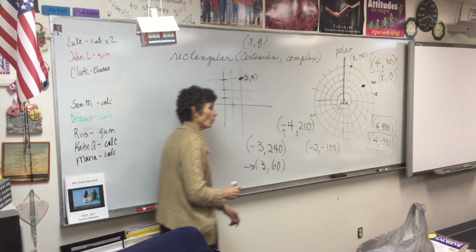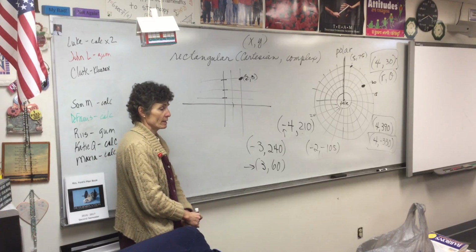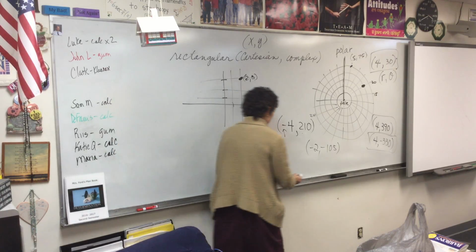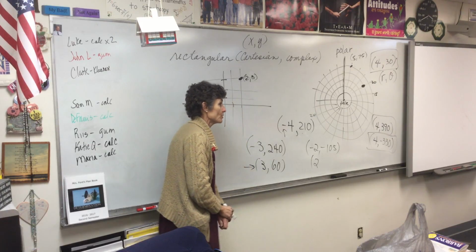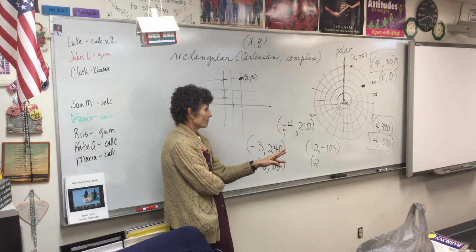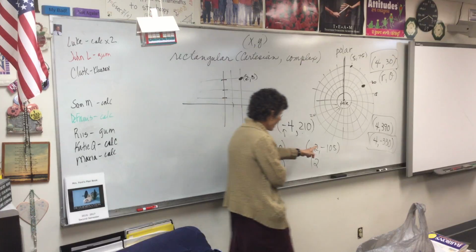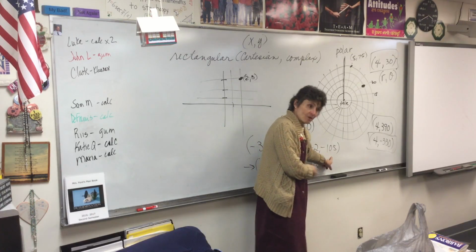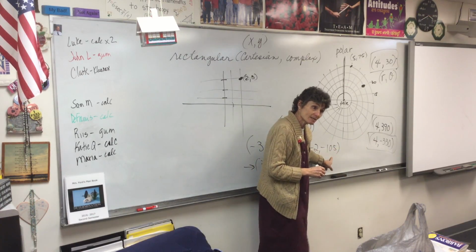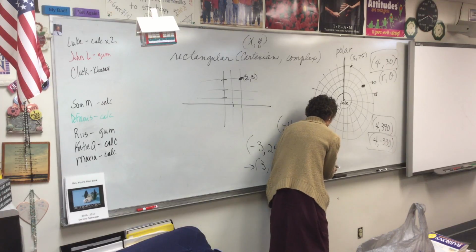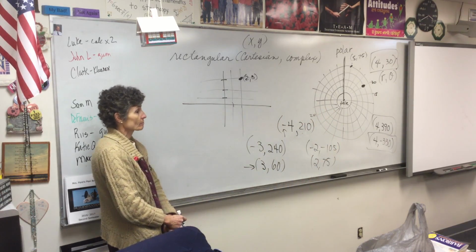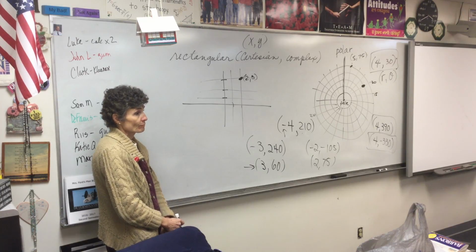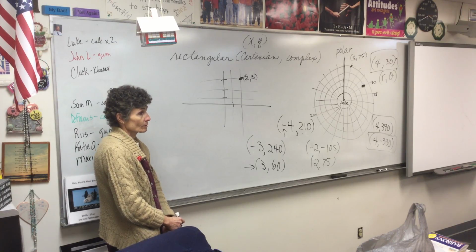Could you figure out where to plot that point? Well, first of all, you can't plot a negative R, so you know you're going to have a radius of 2, but it's going to be plotted 180 degrees away from this, so that would be at 2, 75. That's where you would plot that point. Okay?